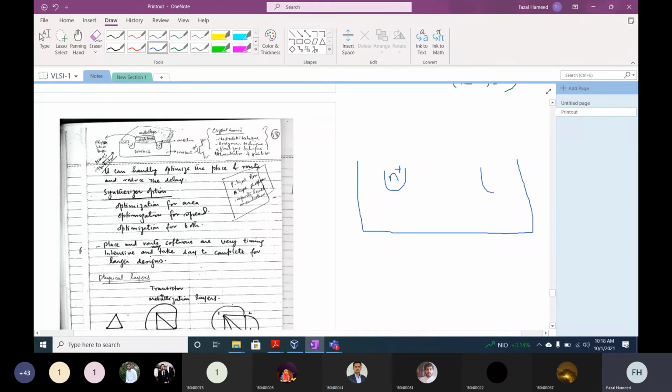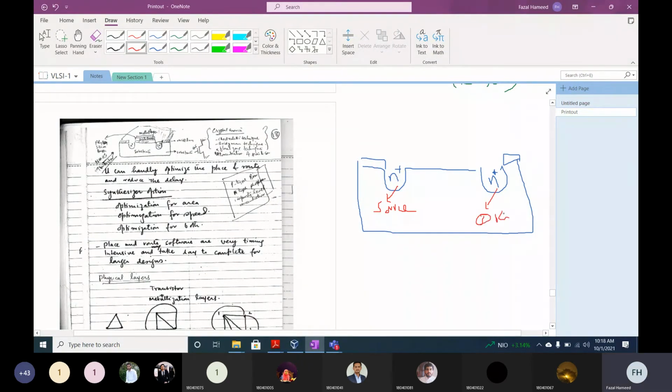Okay. Now, if you look at any transistor, you have N plus and N plus. This is your source and drain.